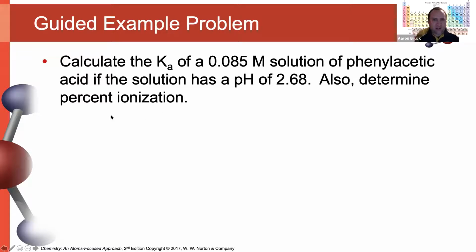So the reaction itself that we're looking at is phenylacetic acid. One of the real nice things about weak acid equilibrium and weak base equilibrium for that matter is that we have the ability to fudge things a little bit: if we don't know the exact formula for something, we know that the generic formula for a weak acid is hydrogen and some sort of conjugate base. So the phenylacetate, we're just going to abbreviate as phen.